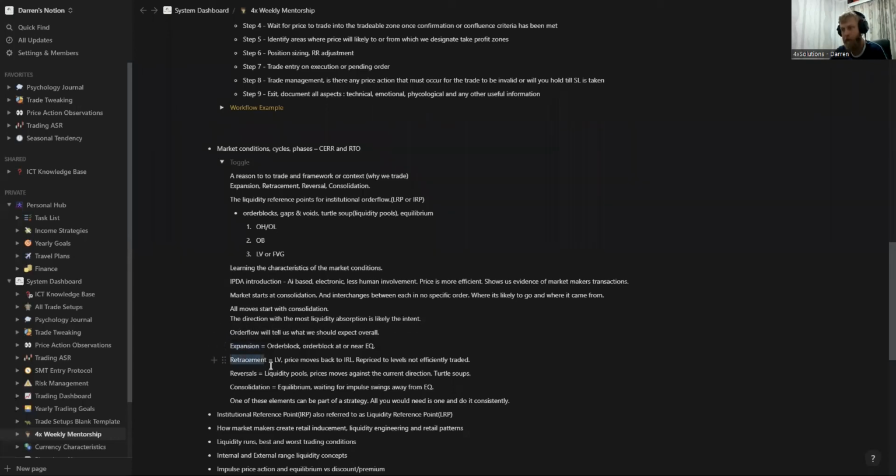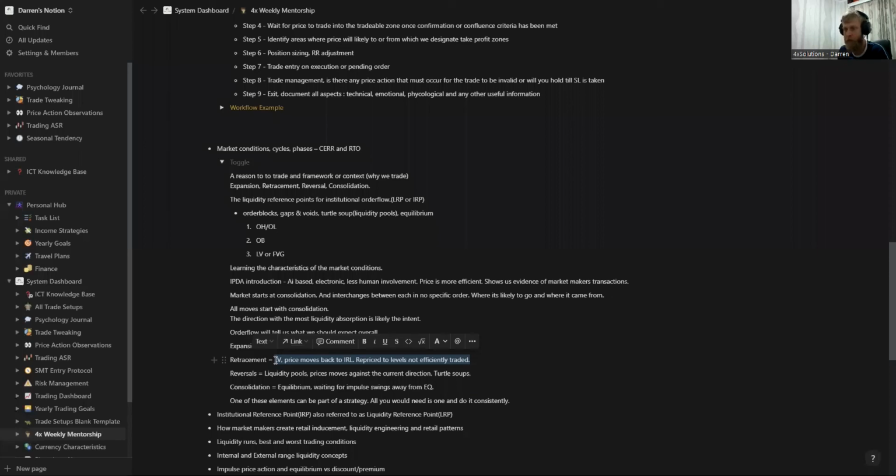Retracement, a liquidity void. Price moves back to institutional reference, repriced to levels not efficiently traded. Someone asked me, what is liquidity void? Liquidity void is basically an impulsive move higher with a large up or down close candle that is inefficiently traded.